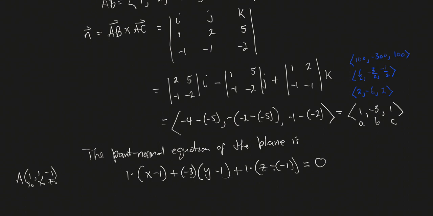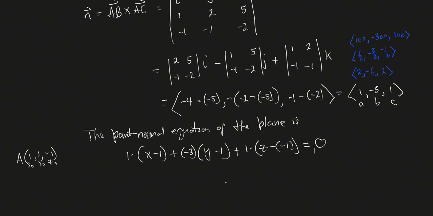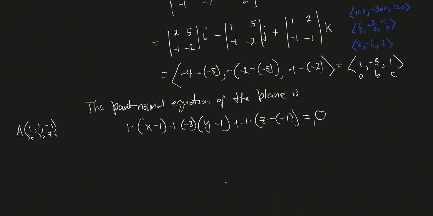And then, let's say we wanted to put this in the explicit form. Now, the question didn't specifically say what form, so this would be a completely acceptable answer. So would this. So if we distribute the -3, distribute the 1, so plus z plus 1, that would be completely valid.